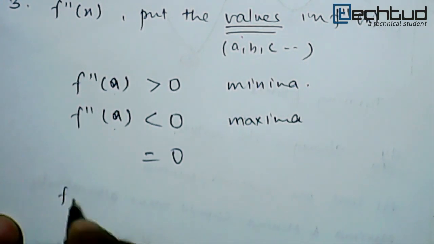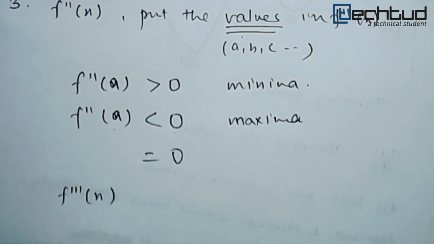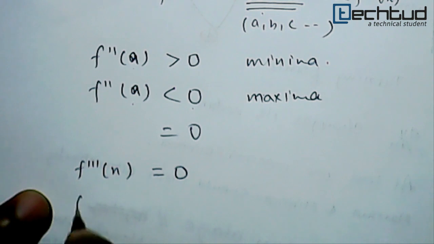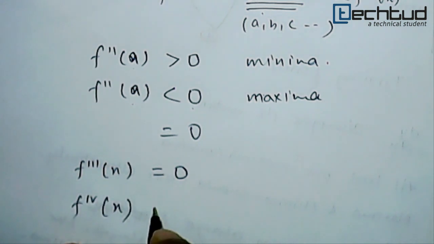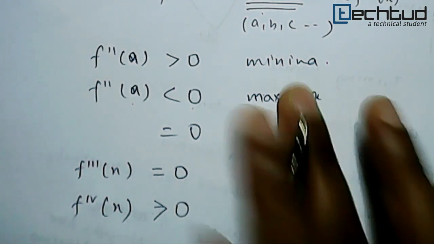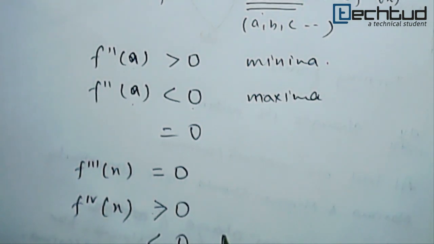We will proceed and again find out f'''(x). Fine, so if f'''(x) is equal to 0, then we will go and again find out f4(x). Now again if f4(x) is greater than 0, then the same thing, minima. If less than 0, maxima.